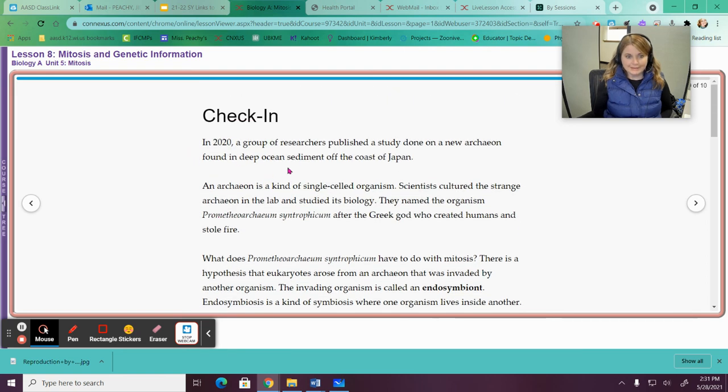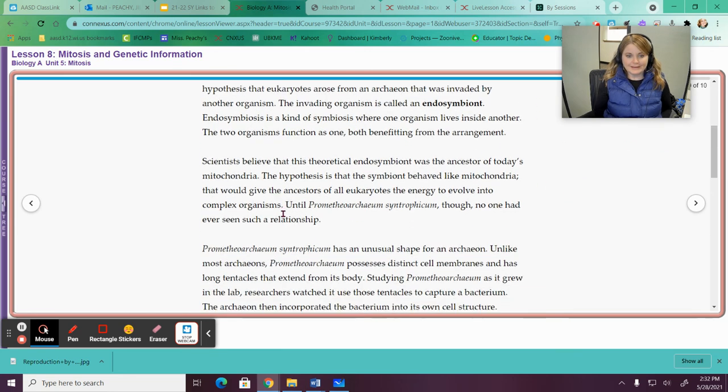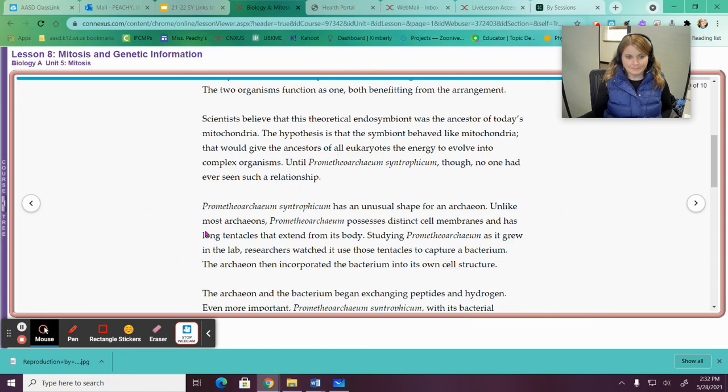In 2020, which is very recently, a group of researchers published a study done on a new archaeon, which is a type of bacteria found in deep ocean sediment off the coast of Japan. This archaeon is a single-celled organism, and they named it, I'm going to really try hard here, everyone, Prometheoarchaeum syntropicum, after Prometheus, the Greek god who created humans and stole fire, right?